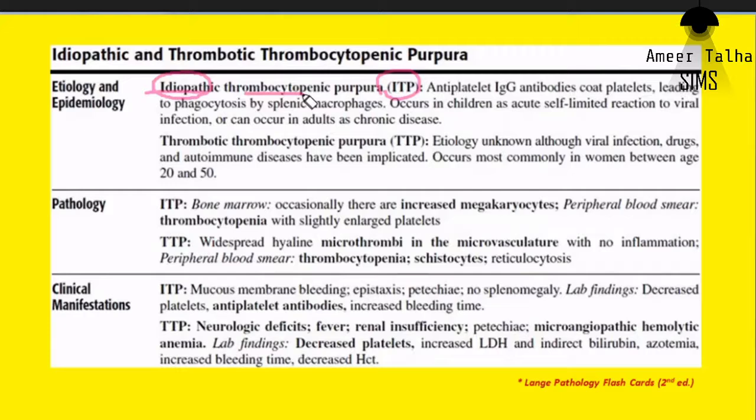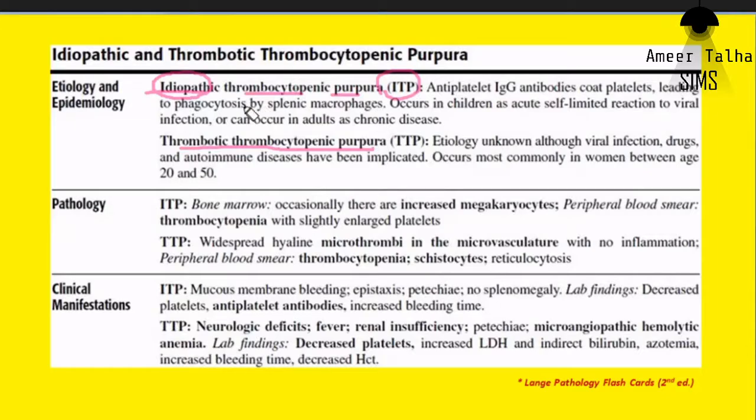Thrombocytopenia means platelet count less than normal. And purpura is for the purple hemorrhagic spots which are formed over the skin. And the other type of purpura is thrombotic thrombocytopenic purpura, TTP.